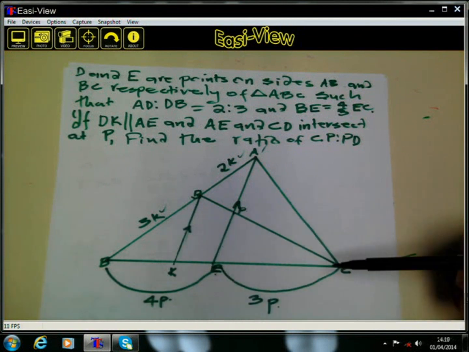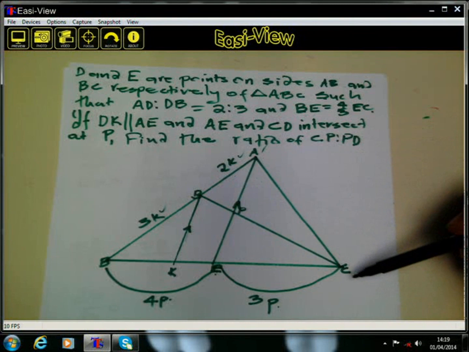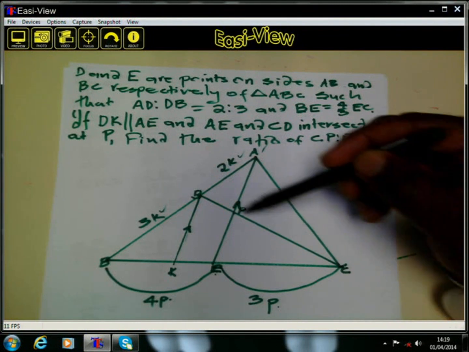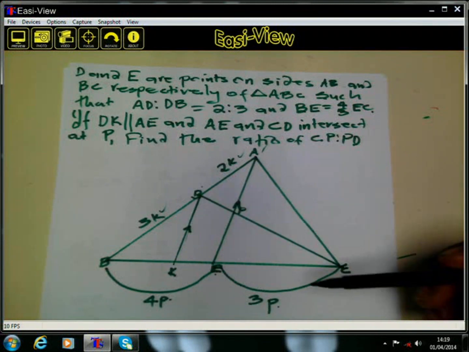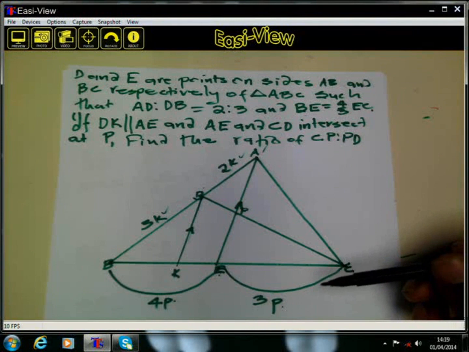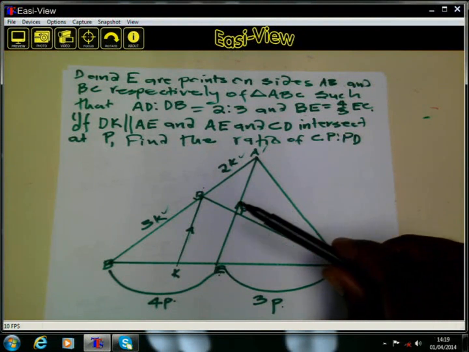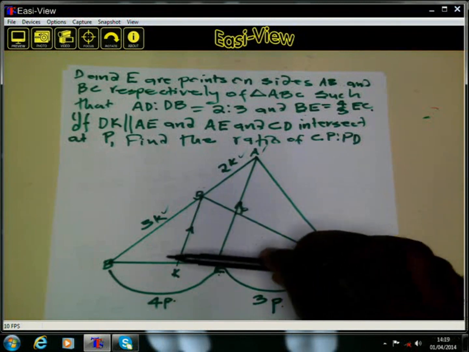So the triangle in question should actually be triangle CBK. Whatever you are going to do must show the proportionality between this side and that side.